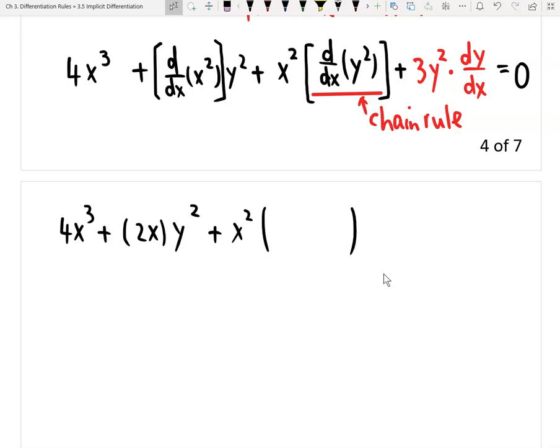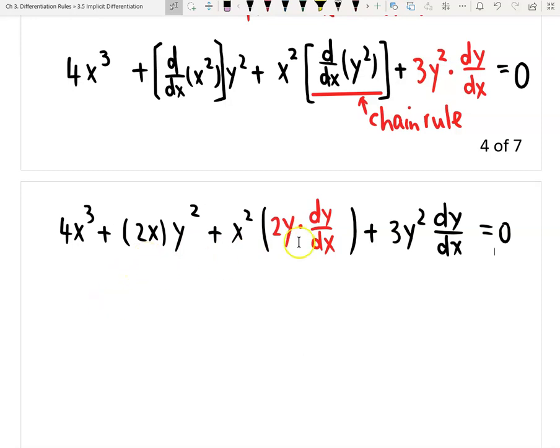So u squared is y squared. Take the derivative with respect to u, it's a power, so 2 times y, right? So we have 2y. This is the derivative of the outer. The derivative of the inner, of course, is dy/dx. That makes sense. Chain rule. Okay, so I copy one more term, which is 3y squared dy/dx. This equals 0.